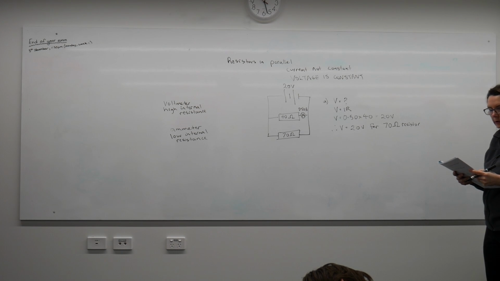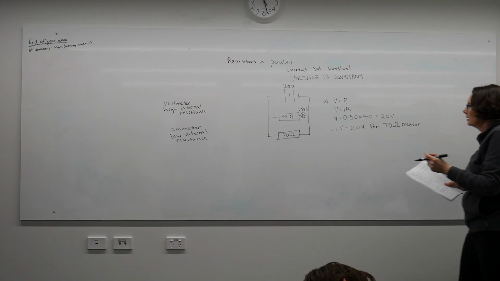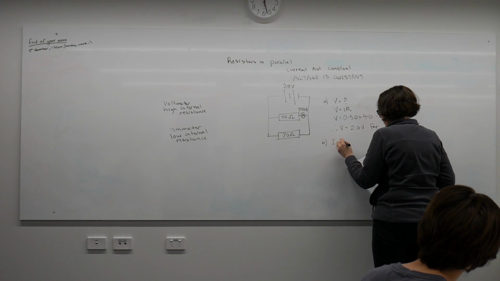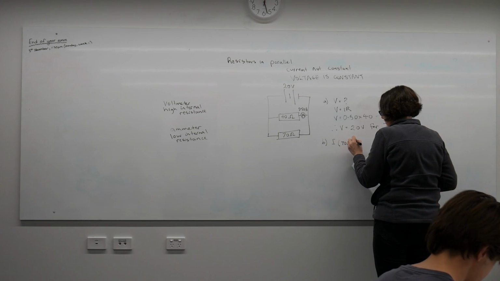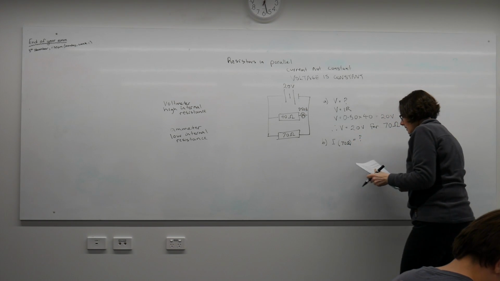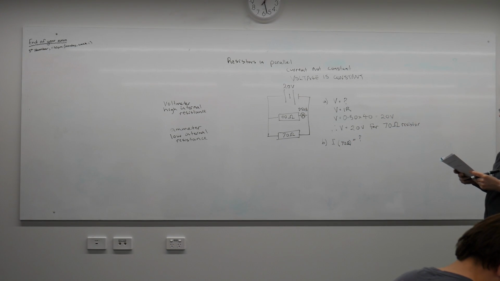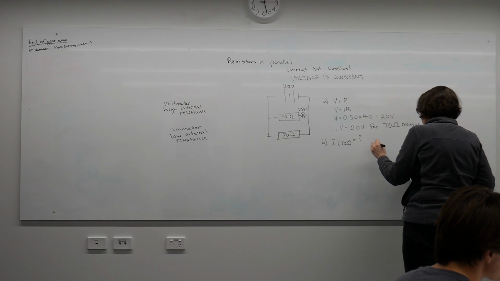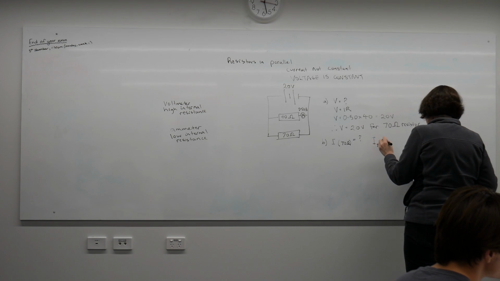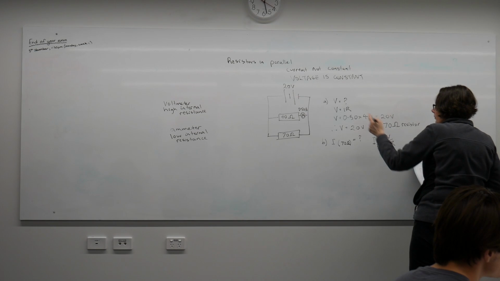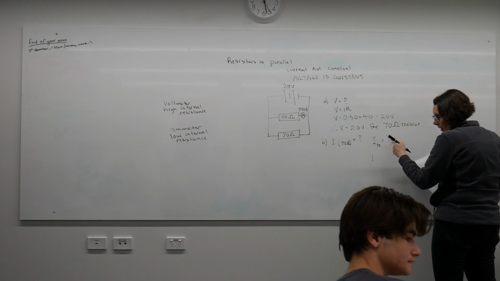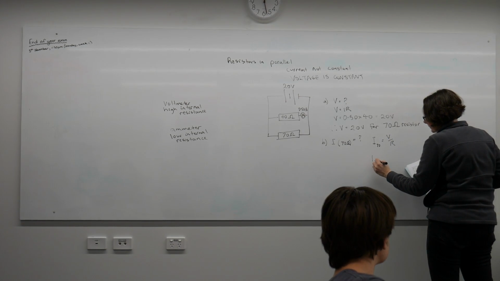And determine the current flowing through the 70 ohm resistor, and hence the total current flowing through the circuit. Now we've got I for our 70 ohm then is equal to V on R. If we just rearrange our formula here, we know that the voltage is constant.